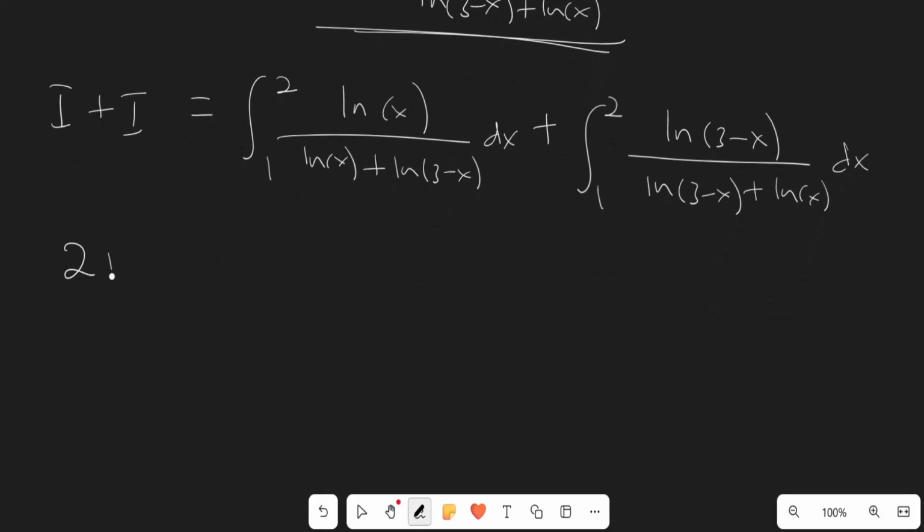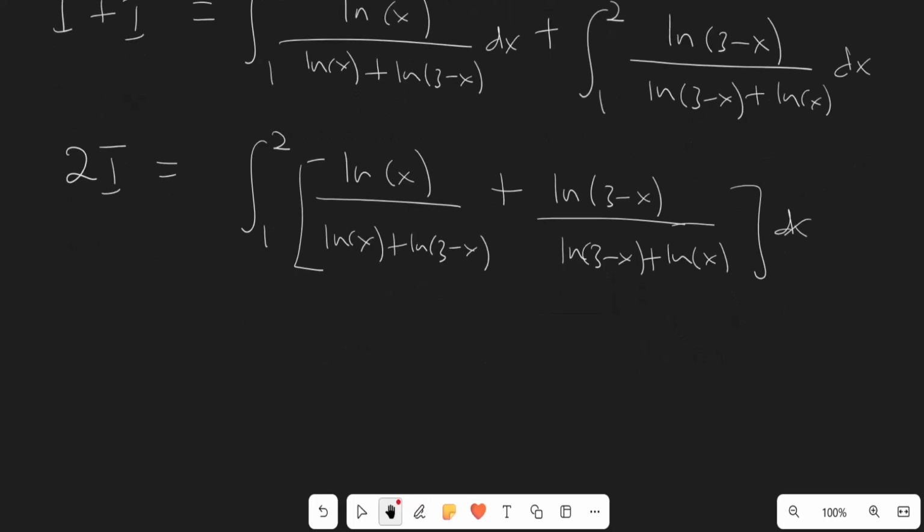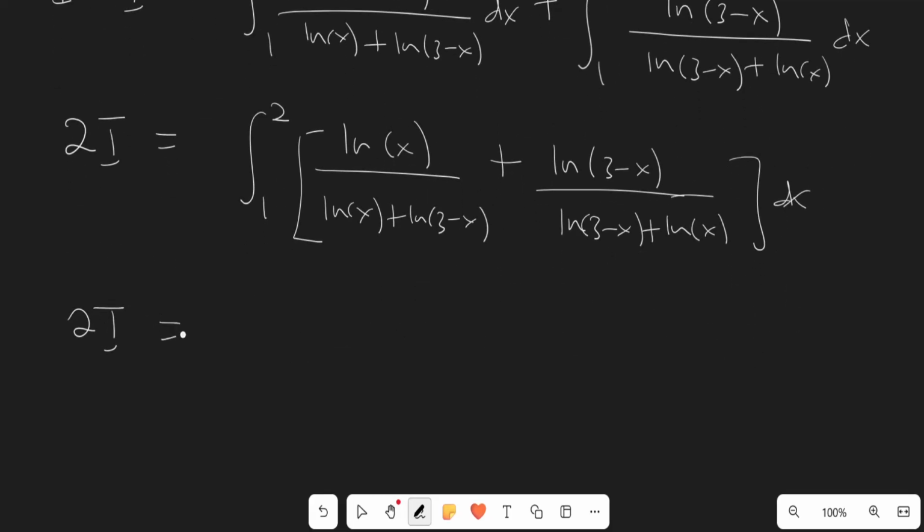So the left hand side combines to 2I. The right hand side can be factorized into the integral of the natural logarithm of x over the natural logarithm of x plus the natural logarithm of 3 minus x, plus the natural logarithm of 3 minus x over the natural logarithm of 3 minus x plus the natural logarithm of x, dx, all in square brackets.